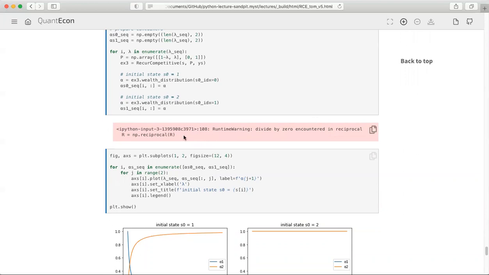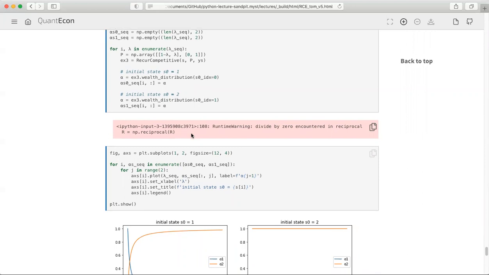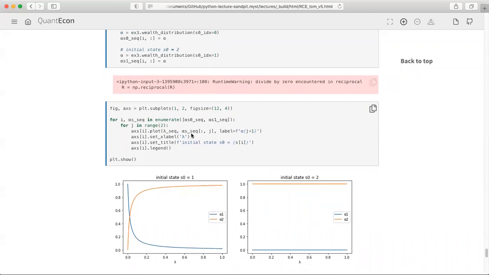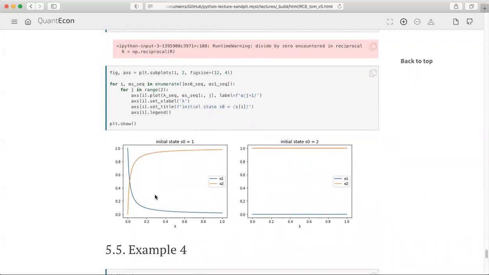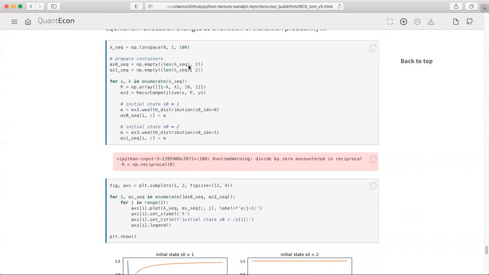Python issued this warning because in some states, the price of a risk-free bond is 0. What I've done here is I varied lambda across a whole bunch of these economies. This is what this little code does.